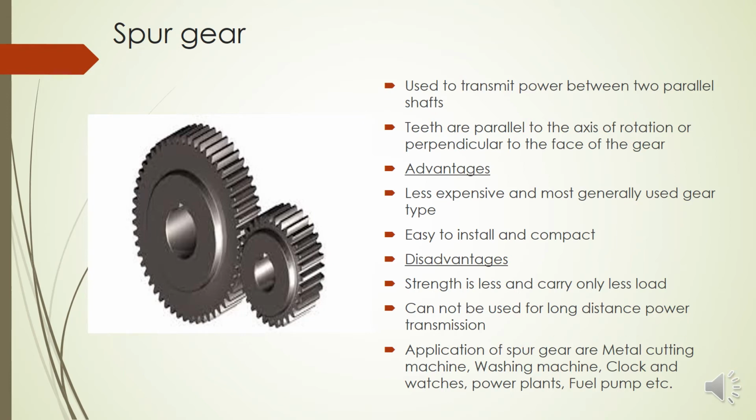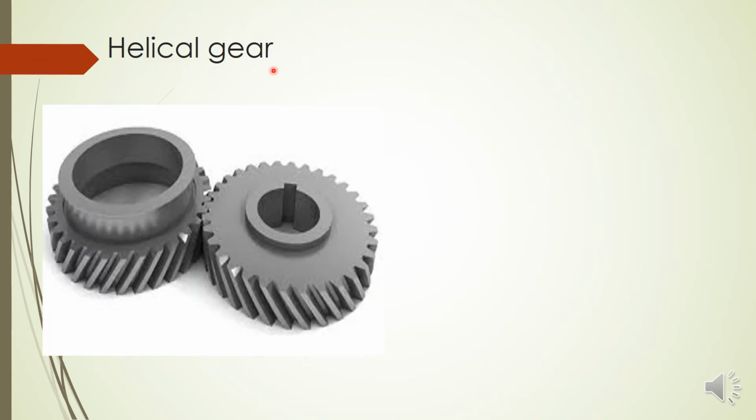Now let's go to the helical gear. What is the difference here? This is a figure of a helical gear. You can see these are also used for connecting 2 parallel shafts. One shaft will be here, one shaft will be here. So they are again parallel, but what is the difference compared to a spur gear? Yes, the only difference is the teeth are inclined.